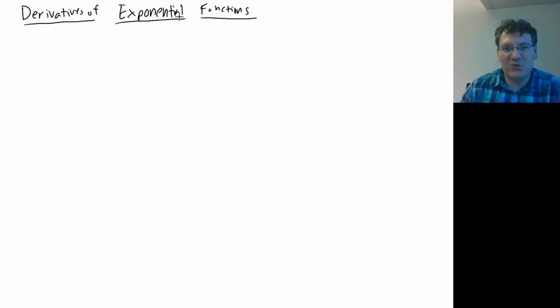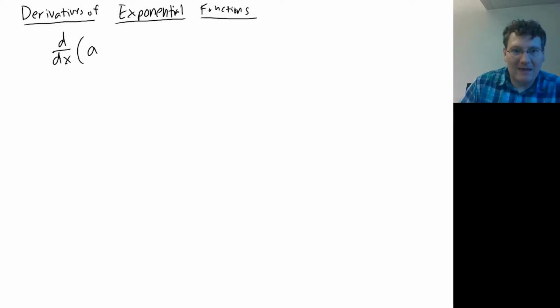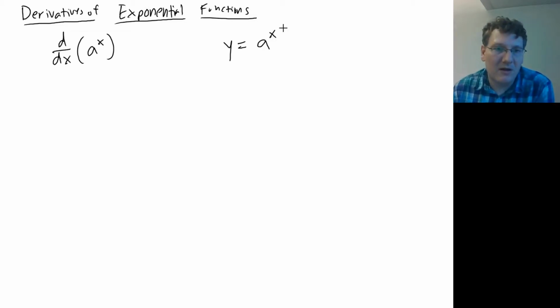Okay, so now let's look at the derivative of the exponential function. What I'm interested in is finding the derivative of a to the x. So let's write y equals a to the x, and we'll find the derivative using logarithmic differentiation.